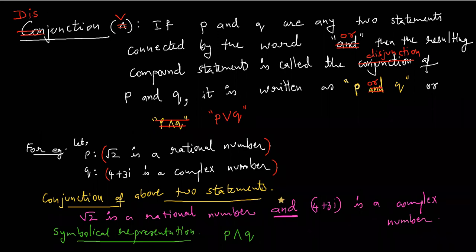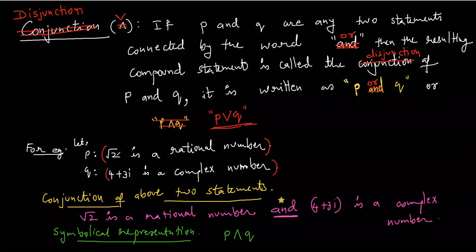See, disjunction of two statements. If P and Q are any two statements connected by the word or, remember you are using the logical connective or, then the resulting compound statement is called disjunction of P and Q. It is written as P or Q, or P disjunction Q. This is the symbolic representation.